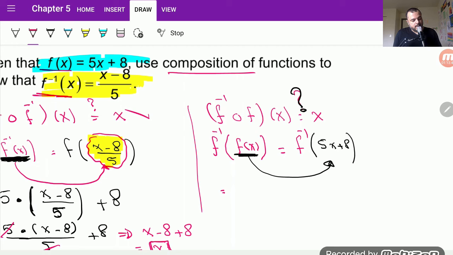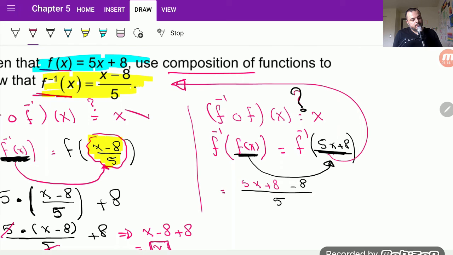We get 5x plus 8, minus 8, divided by 5. How does this happen? Because I plug this into the inverse. This is the inverse.